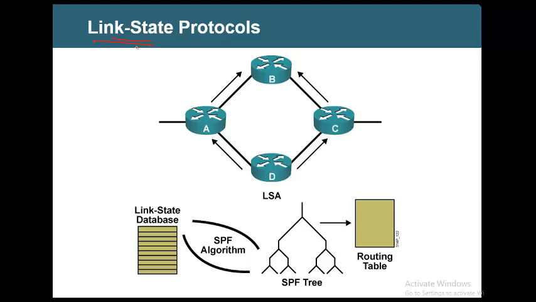Every port has a speed, bandwidth, delay, reliability. Based on the bandwidth, there is a variation in the cost or the metric. If you have more bandwidth, then the metric will be less. If you have less bandwidth, the metric will be more.